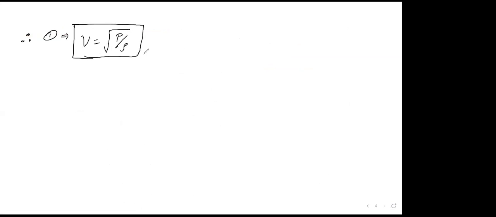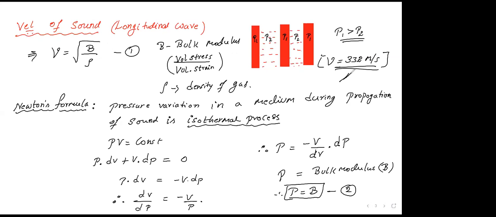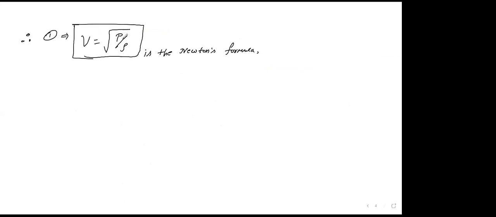So this is Newton's formula for finding the speed of sound. Theoretically we got this, but we know the practical value is 332 meter per second, correct? We should get that now by substituting the pressure and density values.